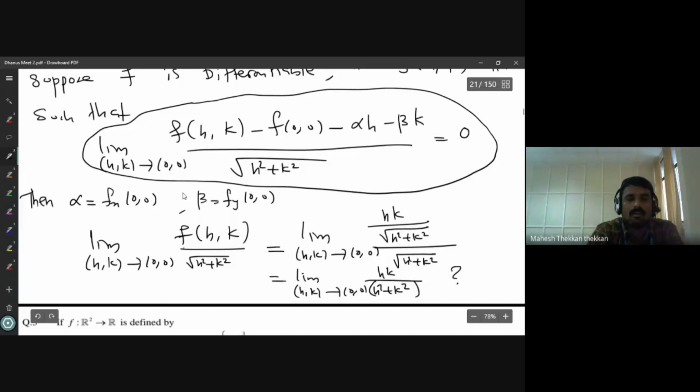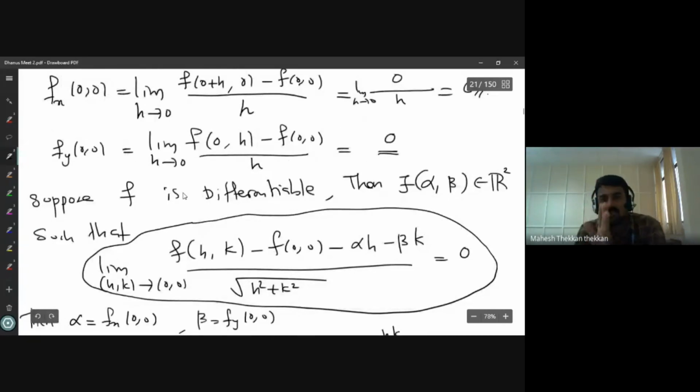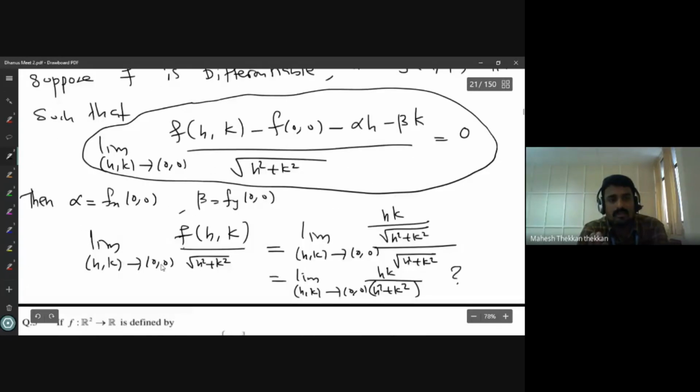So in order to say f is differentiable at (0,0), we only need to look at the limit as (h,k) tends to (0,0) of f(h,k) by square root of h square plus k square. Suppose this limit is equal to 0, we can conclude that the function is differentiable at (0,0) and the derivative is (0,0). So I just find whether this limit exists or not.